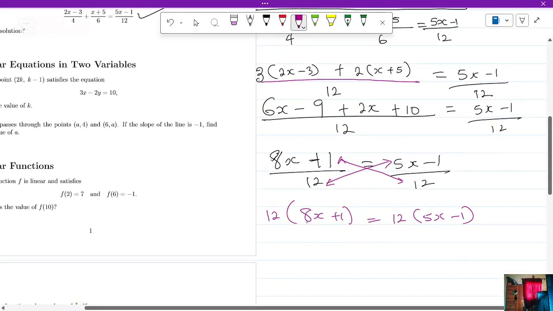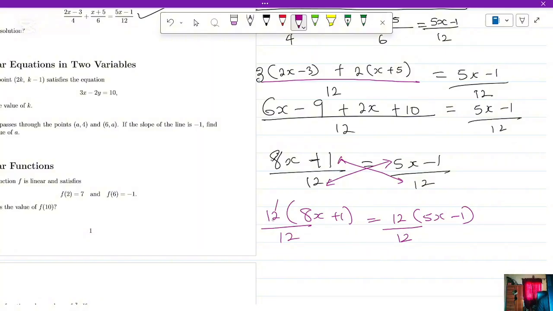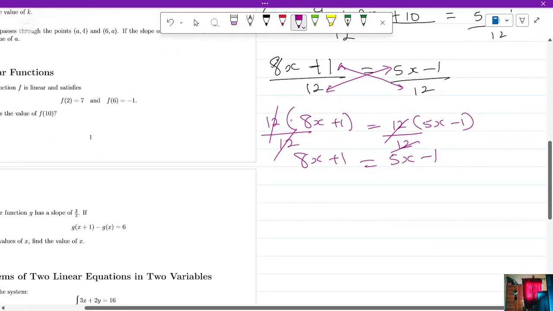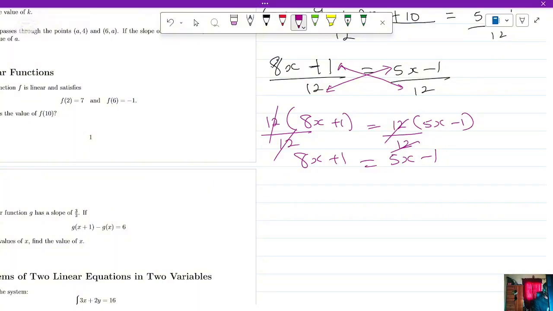Now since 12 is the same thing here, I can divide both sides by 12, and then that will be 8x plus 1 equal to 5x minus 1. The reason why I can do this is because it is 12 and 12, so I don't need to stress myself trying to open the bracket again. But let's say it is another number like a 7, I won't divide it like that, I will open the bracket instead. So let's continue.